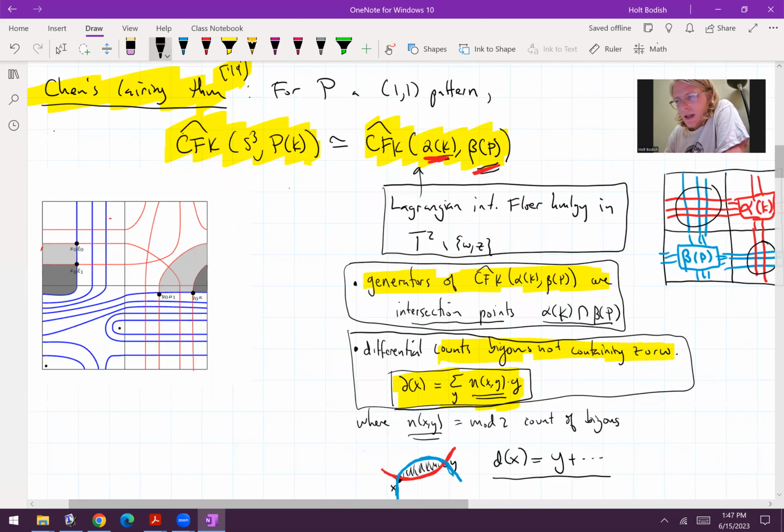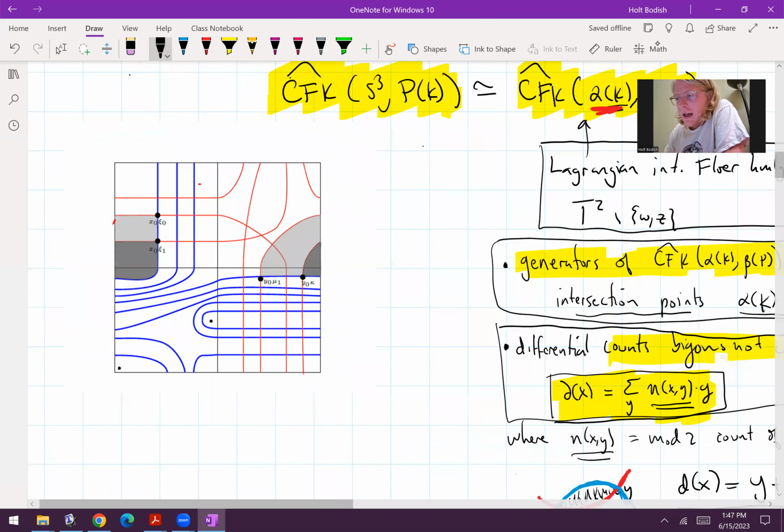For a concrete example, over here, I've again drawn the alpha curve associated to the 2,3 torus knot. And I've drawn a beta curve associated to some pattern that we'll see later. In the second quadrant, I have 9 intersection points, and in the fourth quadrant, I have some number of intersection points. And those are the generators of the Lagrangian Floer chain complex. I've indicated 2 differentials. One goes from x0 c0 to y0 mu1.